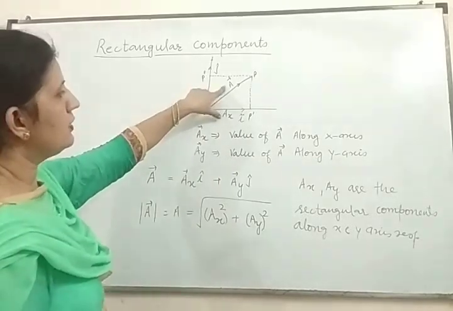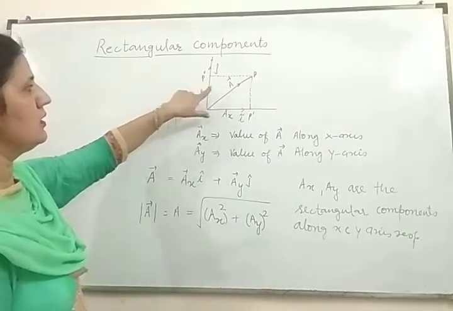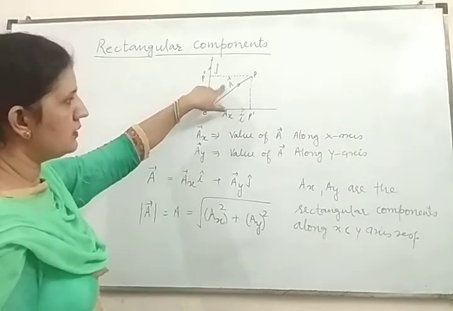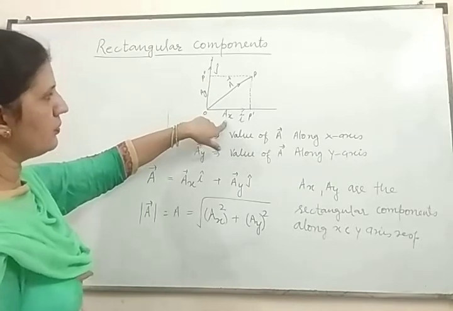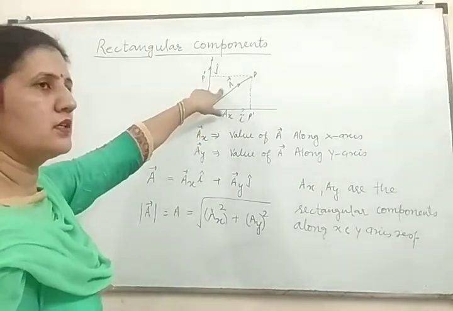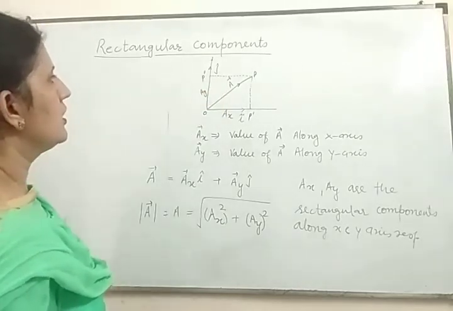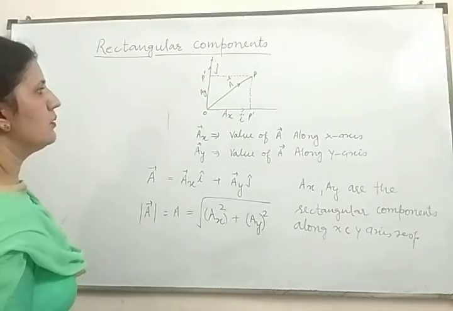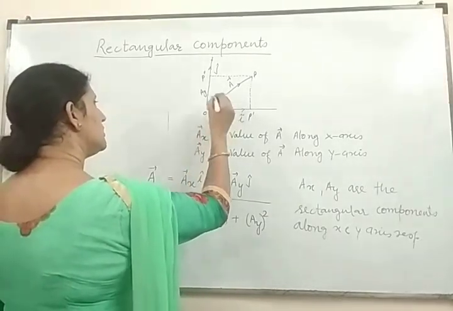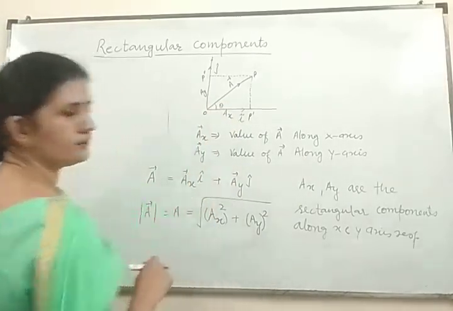If the total value or the x component is given, you can find the y component. If the y component and vector A are given, you can find the x component. If these two components are given, you can find the vector. In this way you can solve for the rectangular components, and in terms of theta you can also determine this. So first note it down.